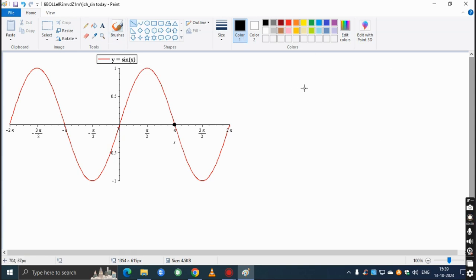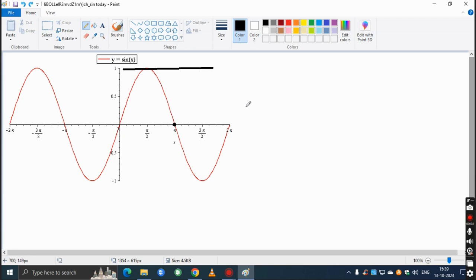Well, remember what derivative means. It's just the slope of the tangent, right? So the tangent would be somewhat like this, which is parallel to the x-axis. So what is the slope of a line that is parallel to the x-axis? 0. So slope equals 0. And slope basically means steepness.